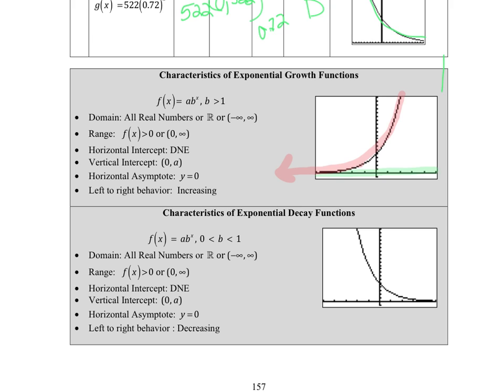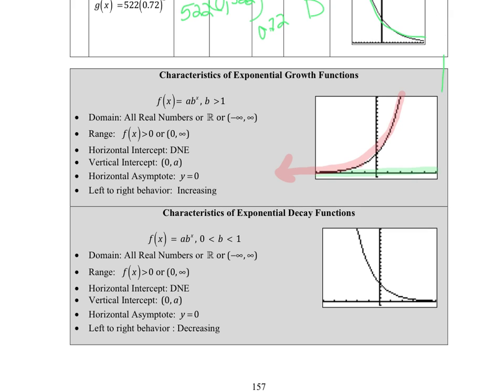It never actually will, but it keeps going down forever that way. On this side, it continues to get steeper and wider and wider forever as well.